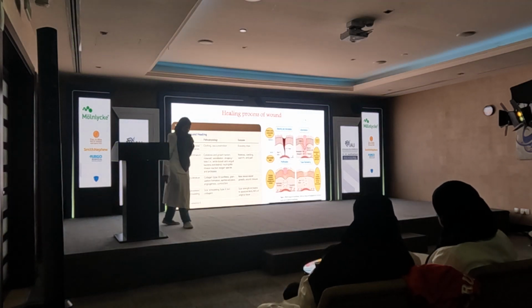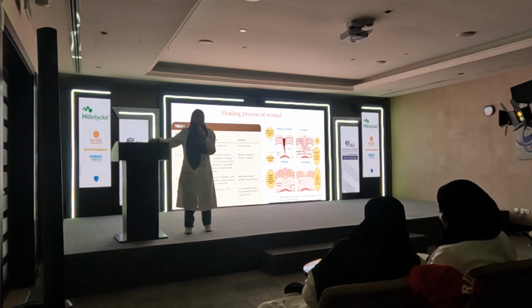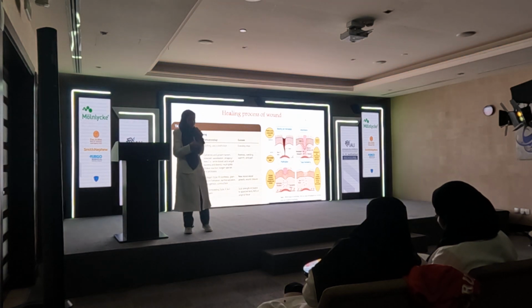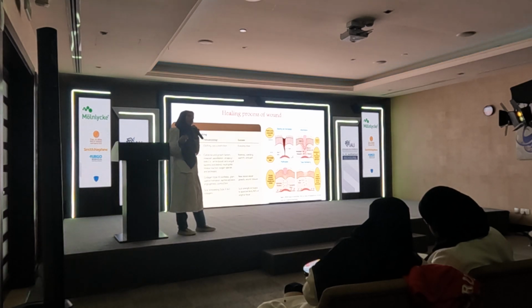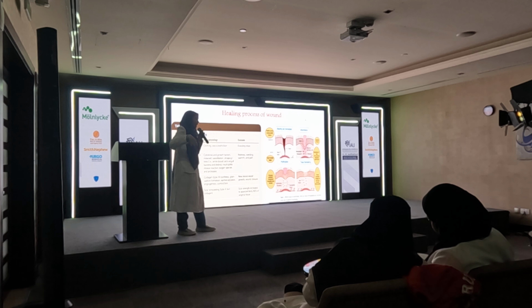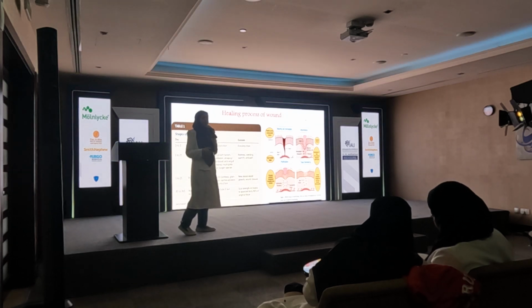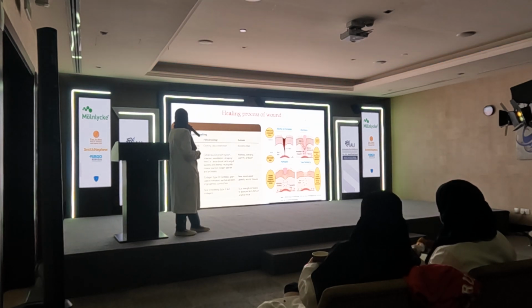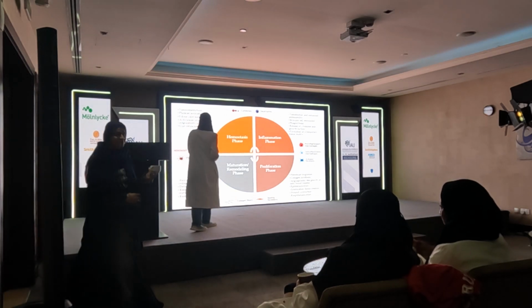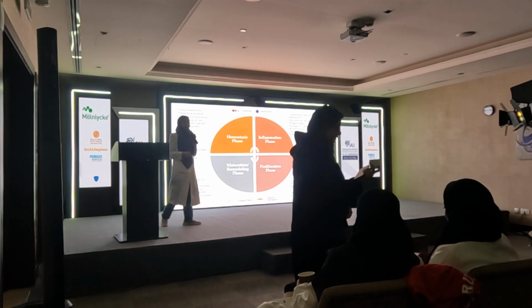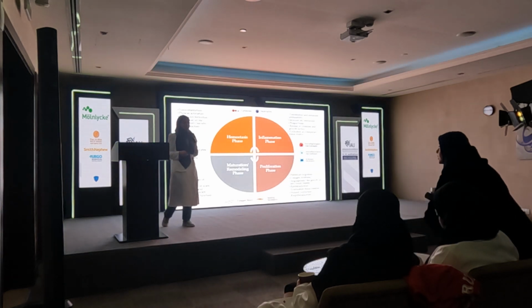Okay, before that we have to know the normal process of healing. There are 4 stages or processes. If a wound happens, it passes through the 4 processes. The hemostasis phase is the first one, starting from day 0 to day 3.